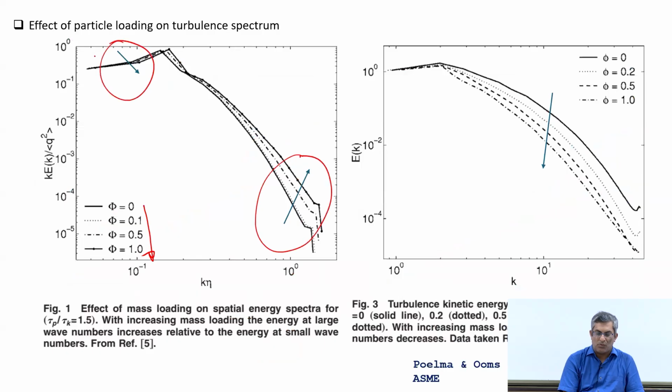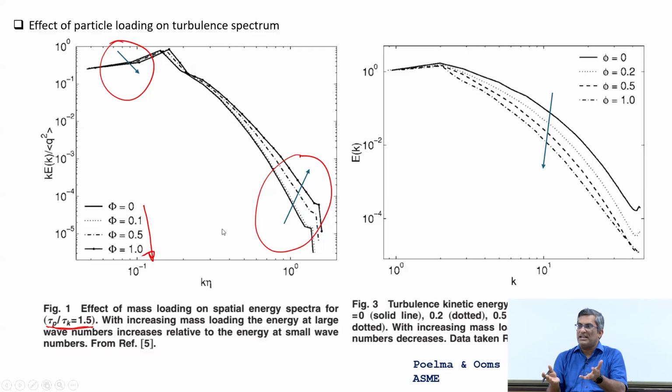In this case, what they see is that when they use particles with Stokes number 1.5, the turbulent kinetic energy increases if you are considering the small scales. This is the wave number, so this refers to the small scales.